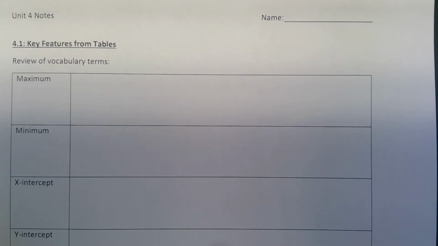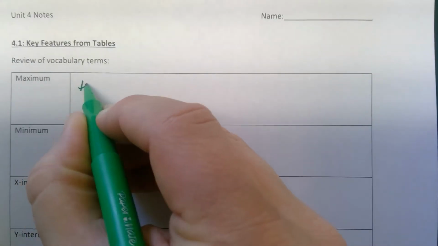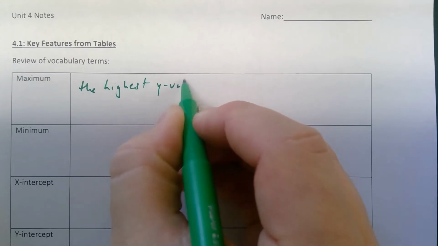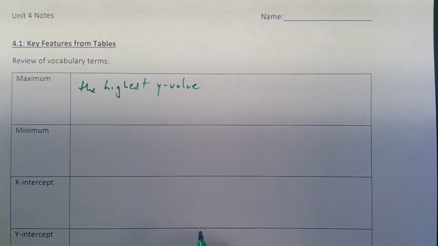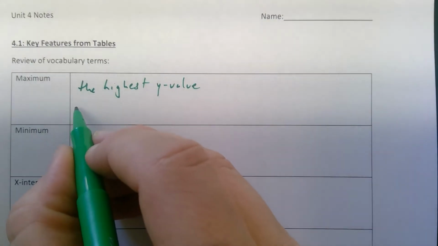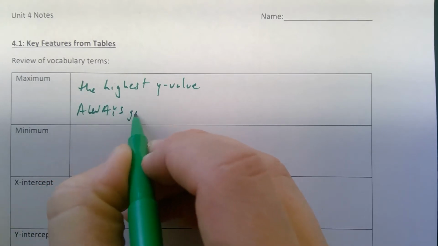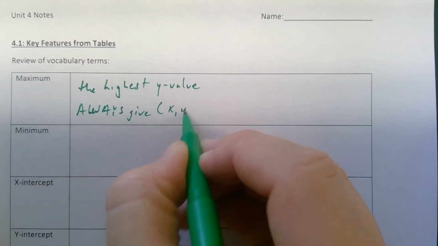We're going to take these terms from a table perspective because we'll look at graphs and equations later this week. For the maximum from a table, we want to look for the highest y value. That means you have to make sure that you always give an x comma y.